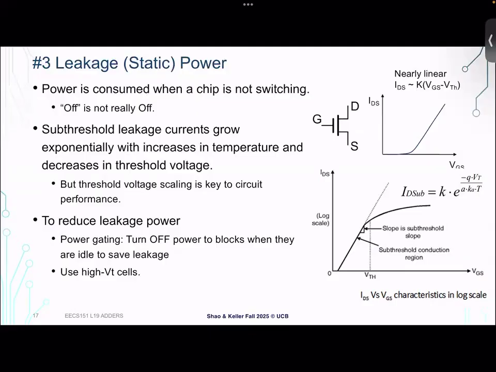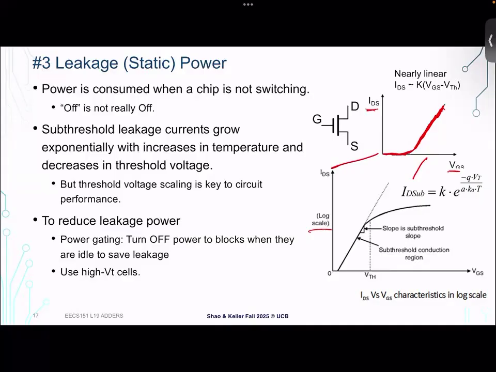So we had previously this VGS IDS curve. In the region where the transistor's on, we had this sort of linear regime. But then if you look at this off region, it's not actually quite 0. And so if we zoom in on this region, and in particular, we'll put the y-axis on a log scale now, so we can look more carefully at what's going on.